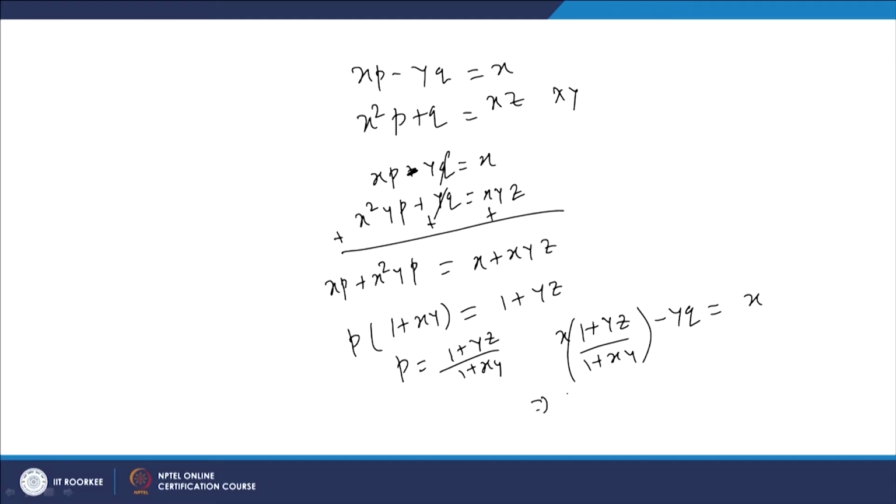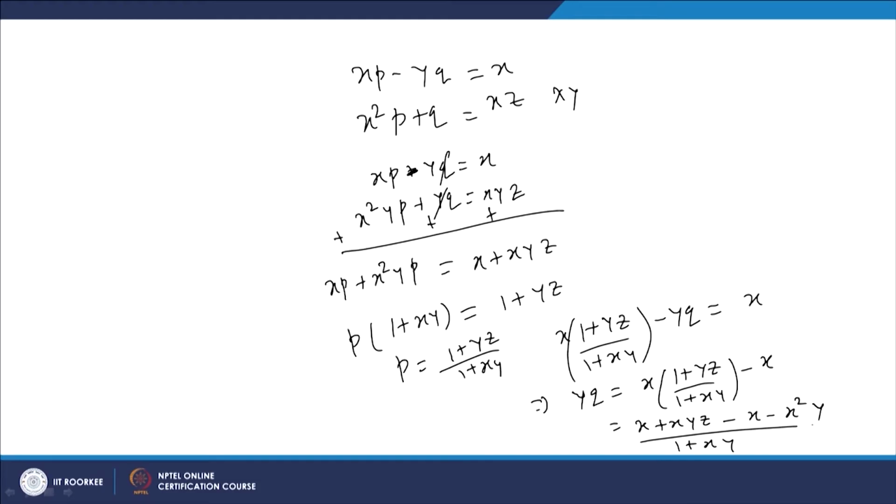So yq equals x(1 plus yz) divided by (1 plus xy) minus x.